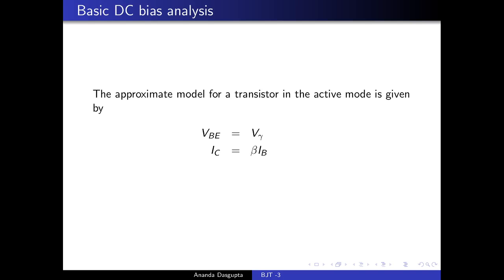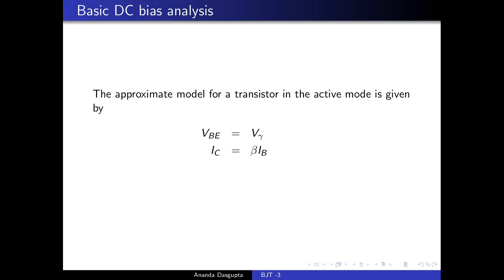So, the approximate model for a transistor in the active mode essentially gives you these two equations: VBE, the base emitter voltage, is V gamma, the cut-in voltage, and IC is simply beta IB. Now, of these, the very first one, VBE equal to V gamma, is valid for an NPN transistor, because for an NPN transistor, base emitter voltage is positive in the active mode, whereas for a PNP transistor, VBE should be minus V gamma.